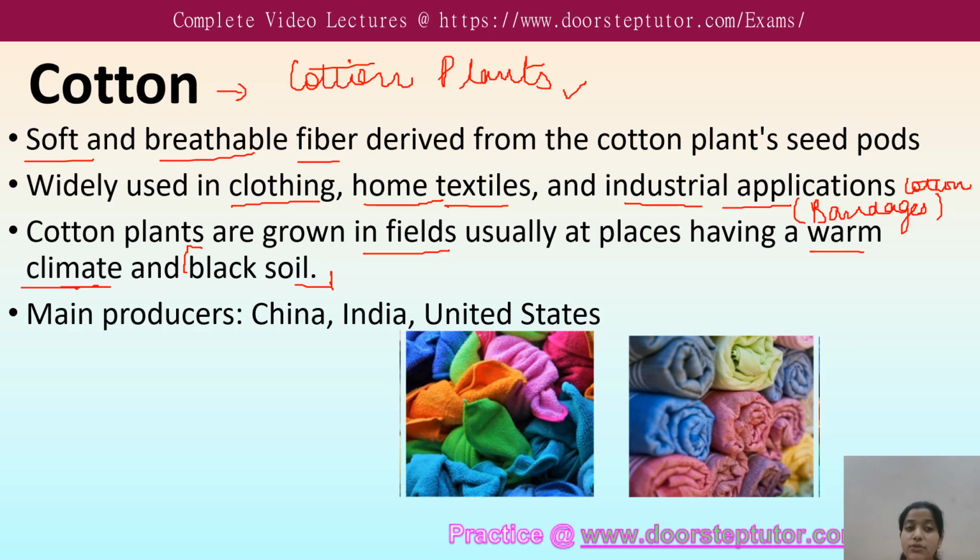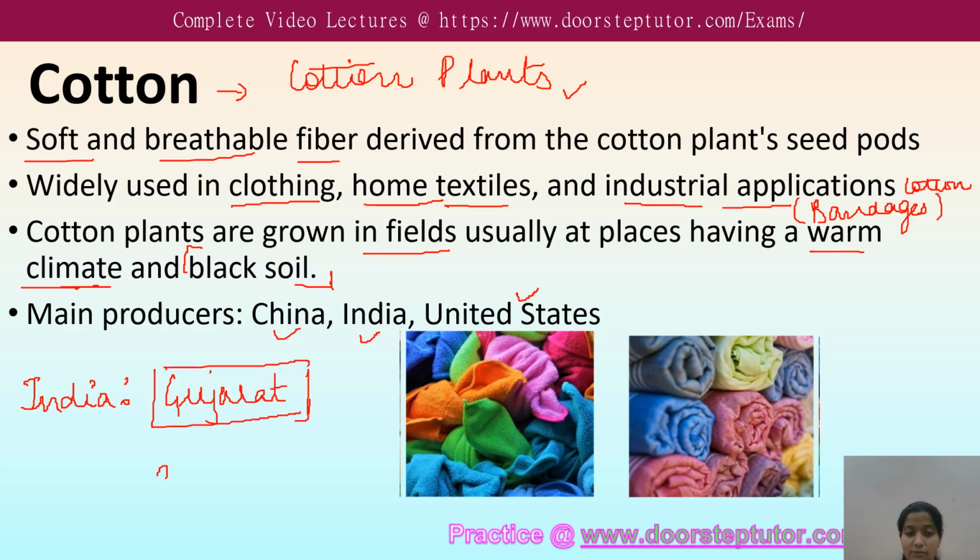Who are the main producers of cotton? China is one, India is obviously another, and the United States. Amongst India, Gujarat is the major producer of cotton, right?